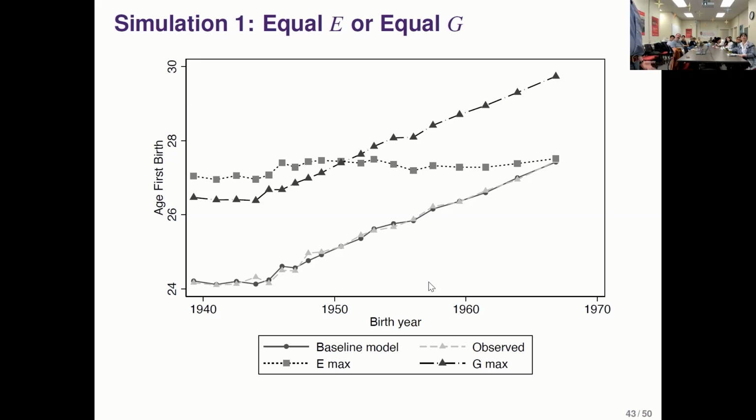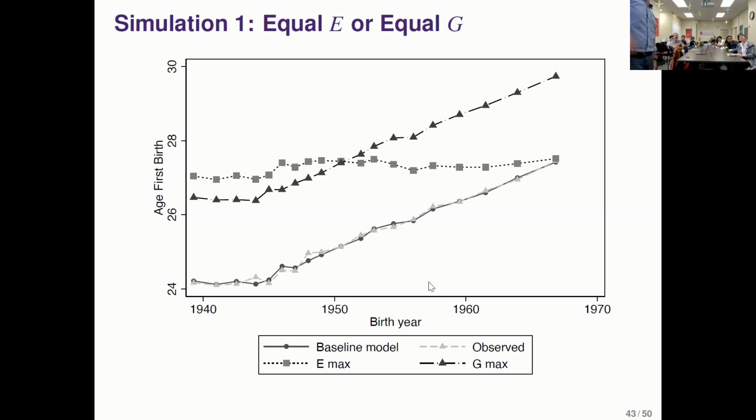Since beta is doing a good job in predicting, we asked what happens if we give everyone the maximum value of G, assuming no genetic difference. We see that the age of first birth will jump and be almost parallel with the previous line.